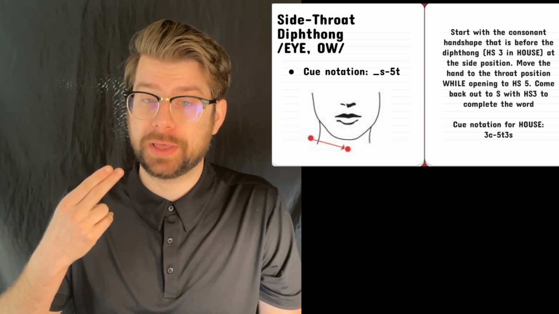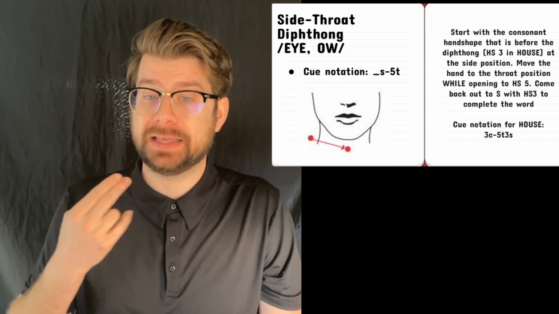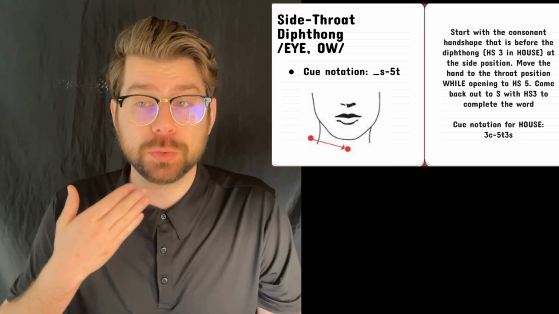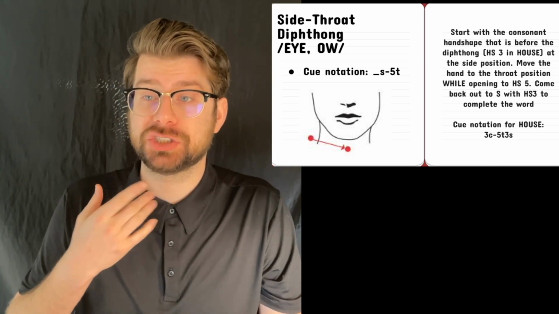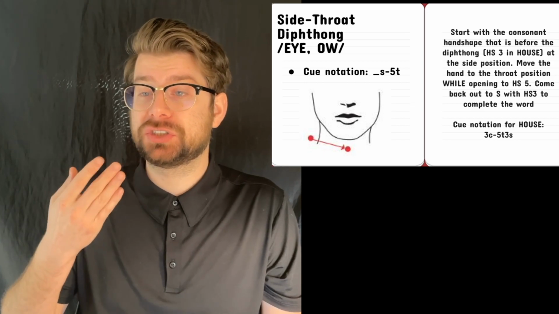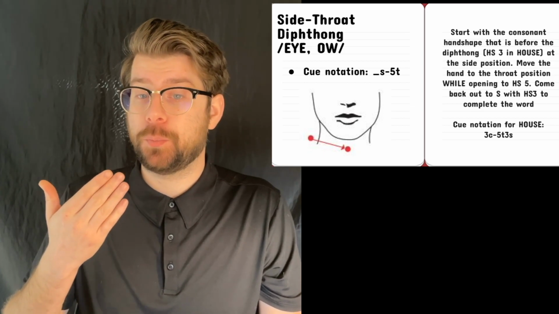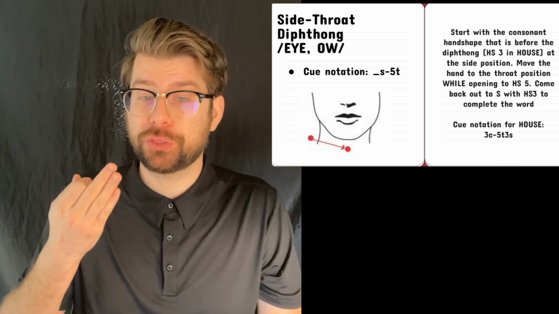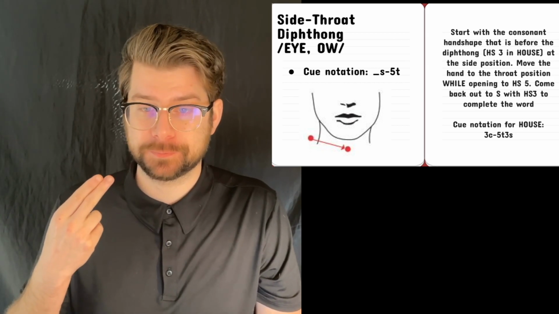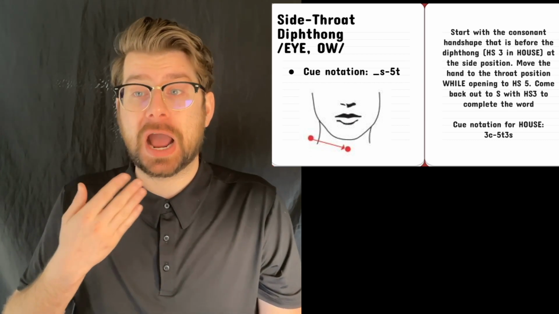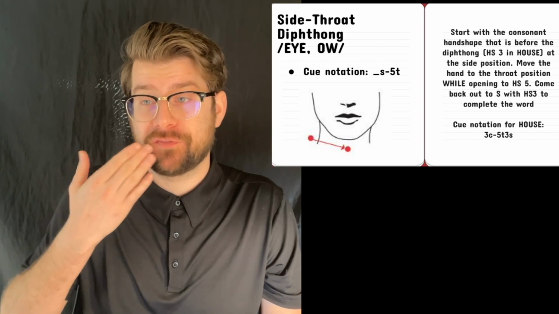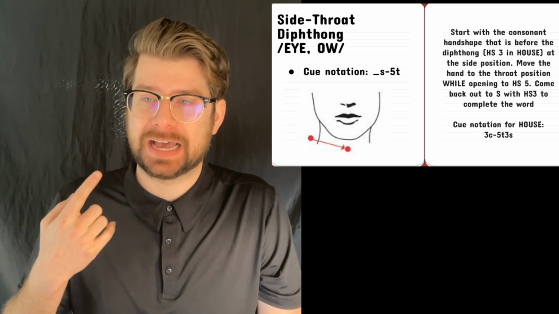So we start with the hand shape that is before the diphthong. So in the word house, it would be hand shape 3 for h, and then we start at the side. We move the hand to the throat position while opening to hand shape 5. Then for house, we have to come back out to the side for the final S sound.